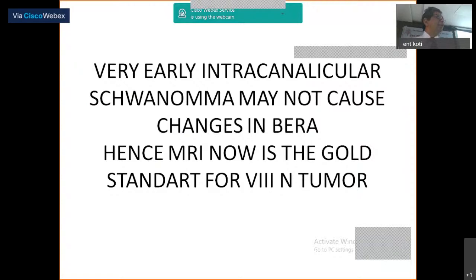Right? So why are all these things being told to you when they are not done? Sometimes they will be helpful in some other way. Earlier, why it was devised was something different. MRI is now the gold standard for retrocochlear tumor. Earlier, when I was reading, they used to do what is called CT cisternography: do a lumbar puncture, put air in the lumbar space, tilt the patient, let the air go into the internal auditory meatus, and that is called air contrast cisternography.